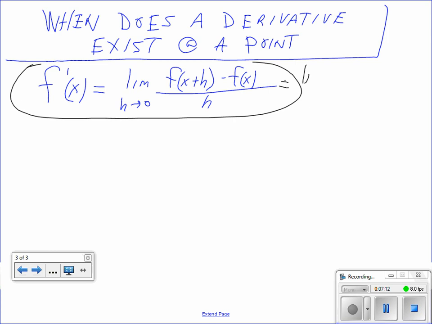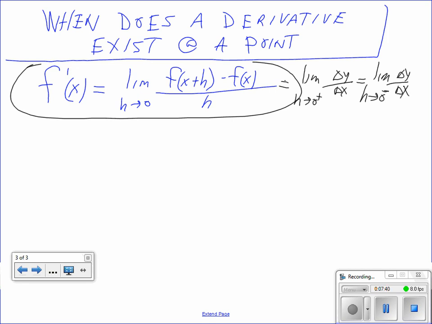So this limit, as h goes to 0 from the positive side of delta y over delta x, better be equal to the limit as h goes to 0 from the negative side, right?